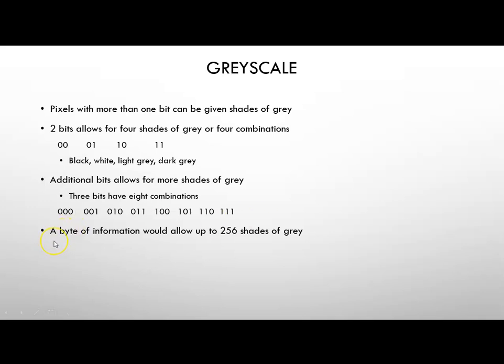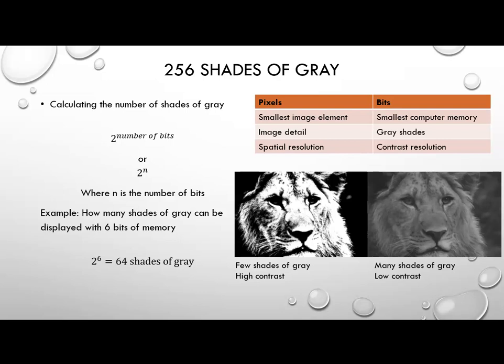So a byte of information, or 8 bits, would allow up to 256 shades of gray. And that's a pretty significant number. So 256 shades of gray would be 8 bits associated with the pixel. Okay.